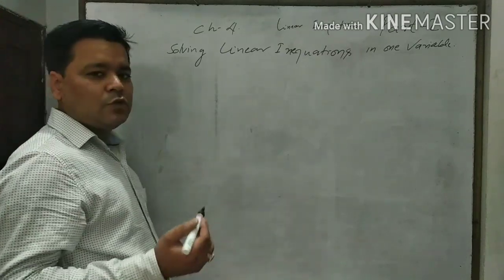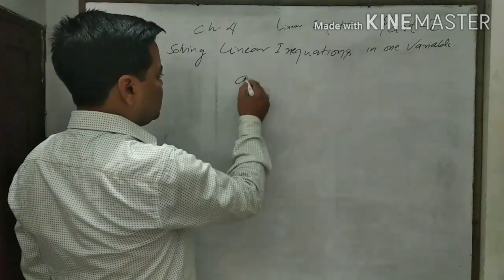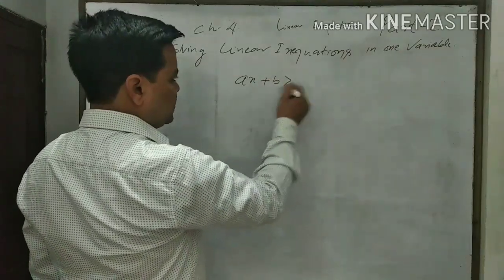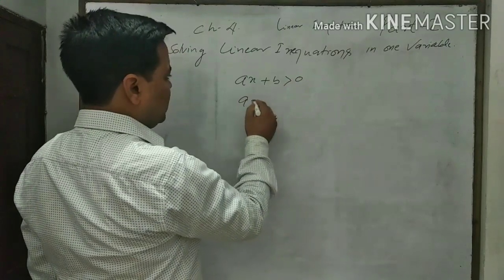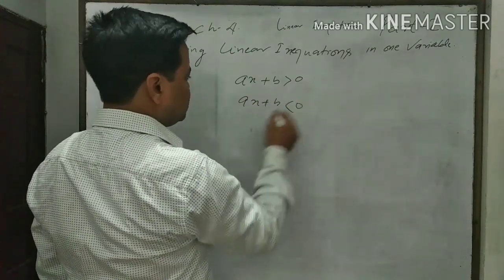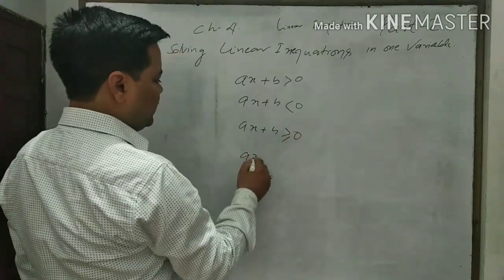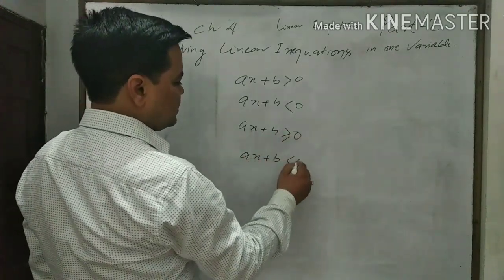I think you know the standard form of the linear inequation is ax plus b greater than 0, ax plus b less than 0, ax plus b greater than or equal to 0, and ax plus b less than or equal to 0.